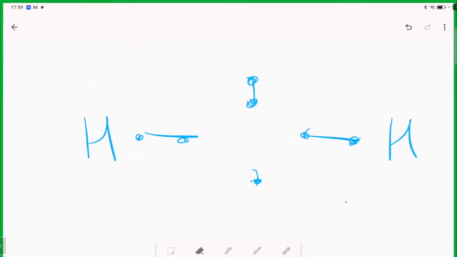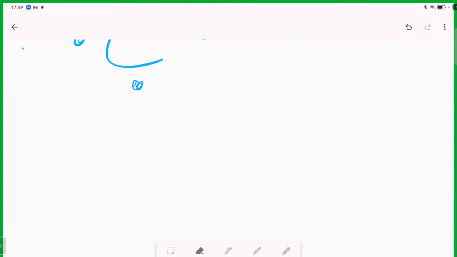What is atomic number of calcium? It is 20. What is atomic weight of calcium? It is 40. So when we talk about the configuration of calcium, let's write the configuration of calcium. Ca, calcium, it has the atomic number 20.